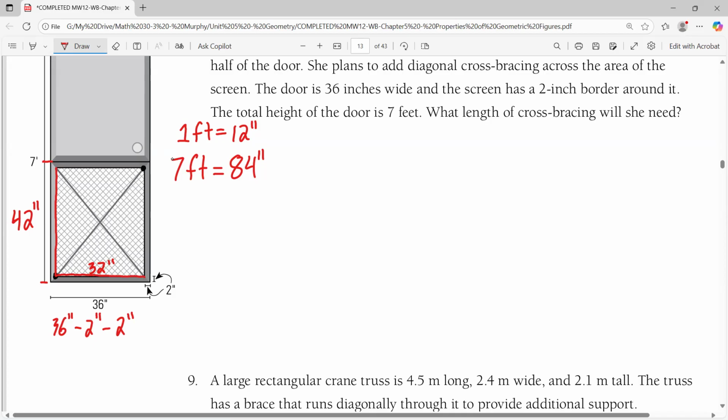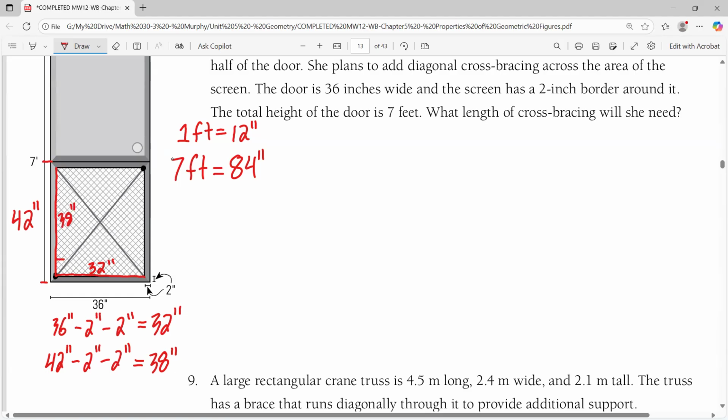So if we take 42 and we subtract 2 and 2, we're going to end up with 38. Now, you could just subtract 4, okay? But I just like to show it all in case people are looking back and can't remember how we got the 4. Okay, so now our height here is 38.